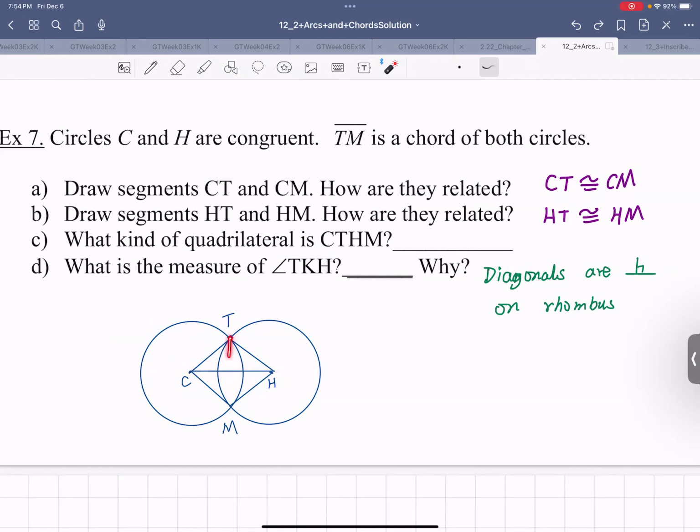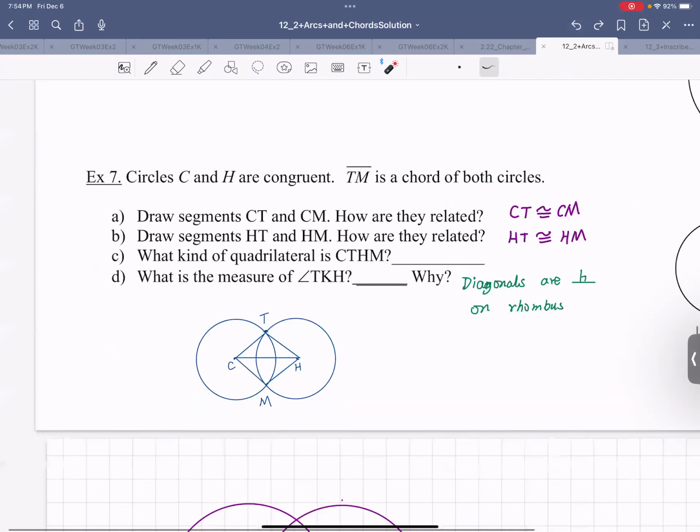We are able to prove it, look at here. These two are equal, and this shares the same side. And for the rhombus, this line is an angle bisector. So we can prove this triangle and this triangle congruent. And these plus together is 90 degrees. Each angle is equal, so each of them is 90 degrees.